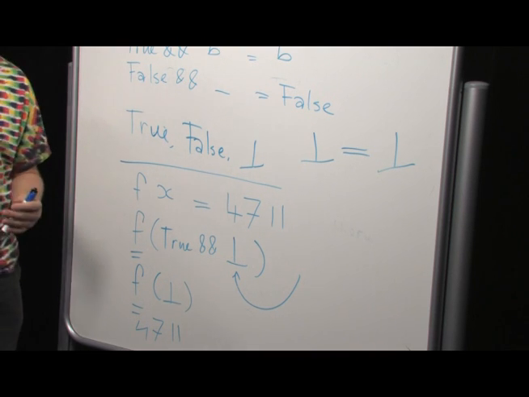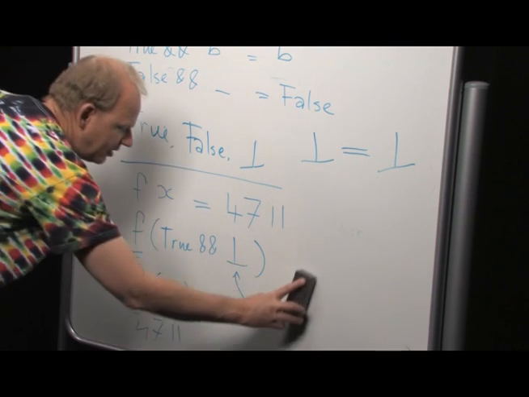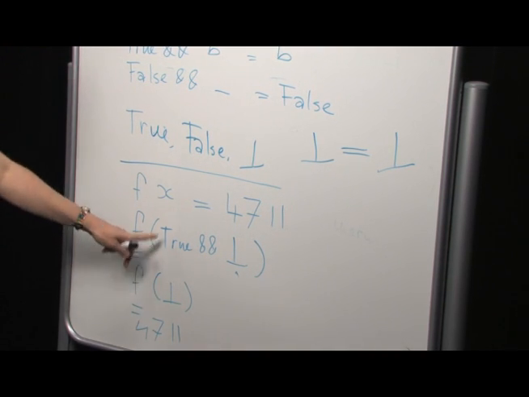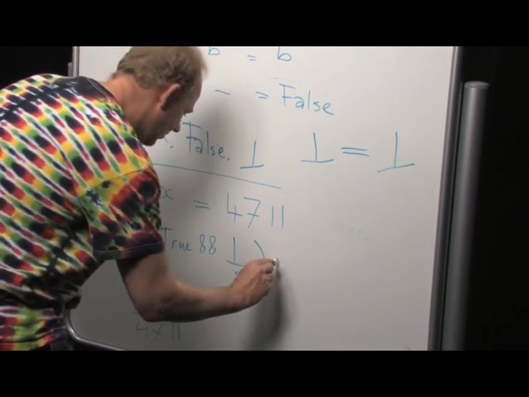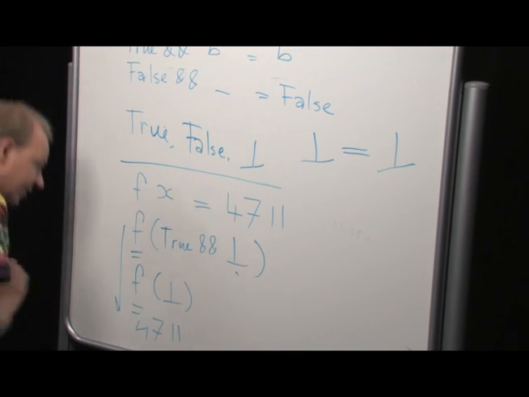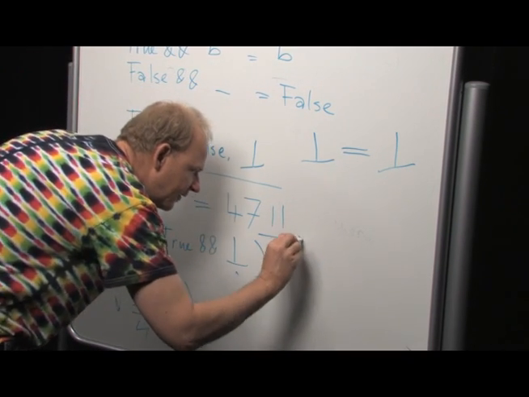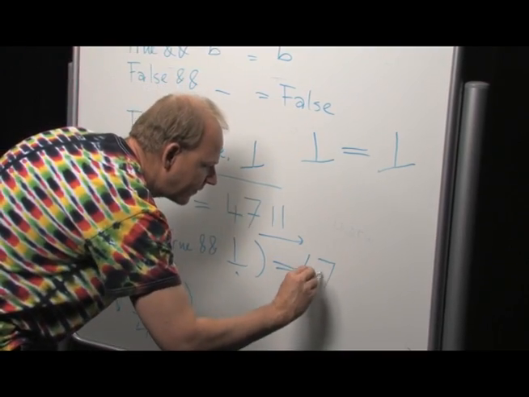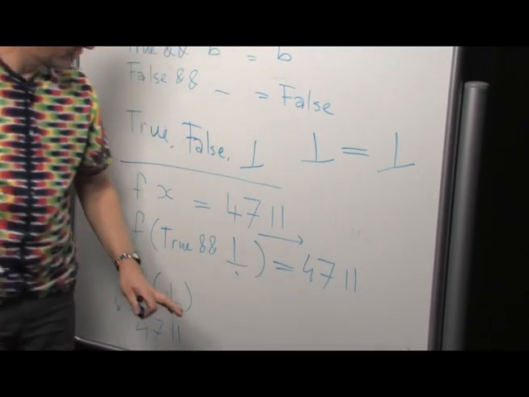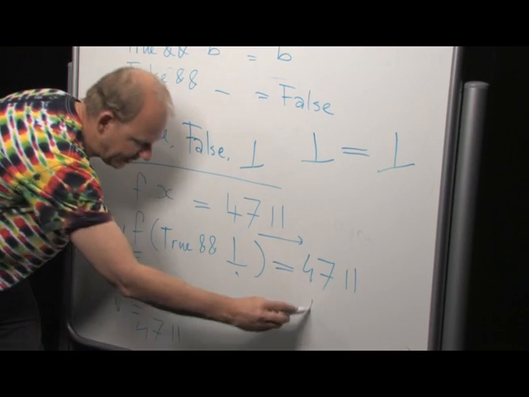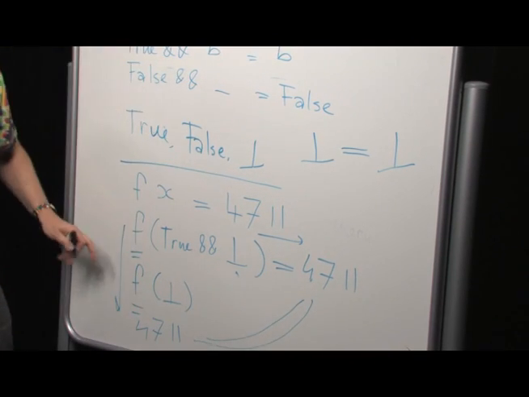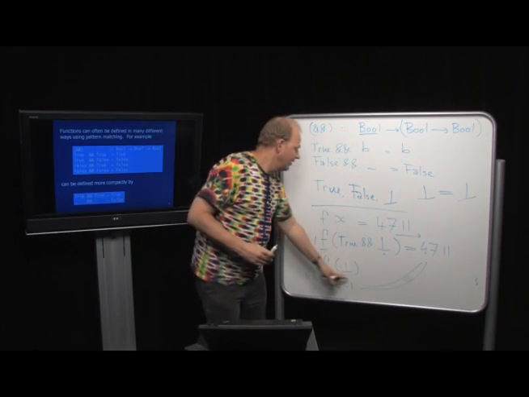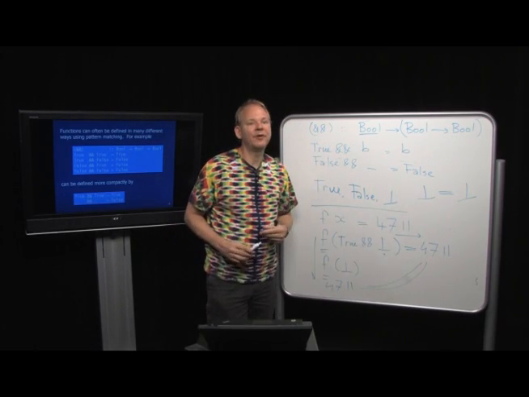I could also have gone the other way, which would have been more Haskellish. So F of something equals, I can go this direction, or I could have gone this direction and said, well, F of anything is 4, 7, 11. So it doesn't matter what evaluation order I take, the expression always has the same value.